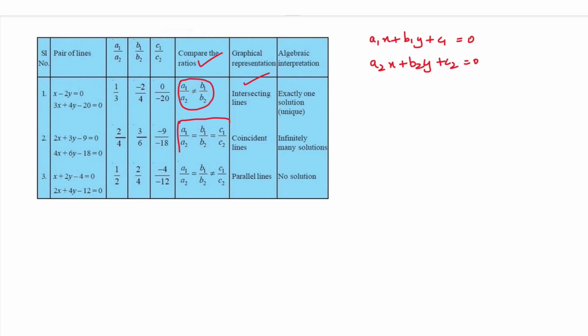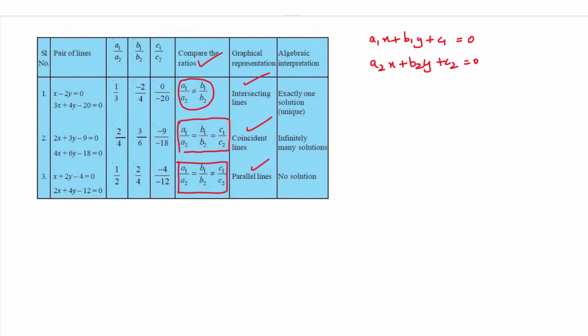If a1 by a2 is equal to b1 by b2 is equal to c1 by c2, all three are equal, then we get coincident lines. And if a1 by a2 is equal to b1 by b2 not equal to c1 by c2, we say it is parallel lines.